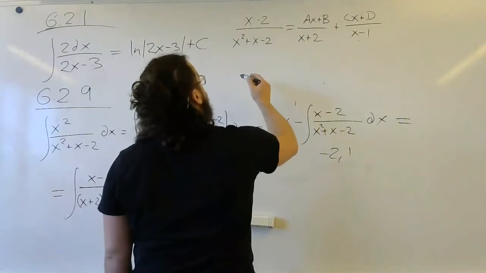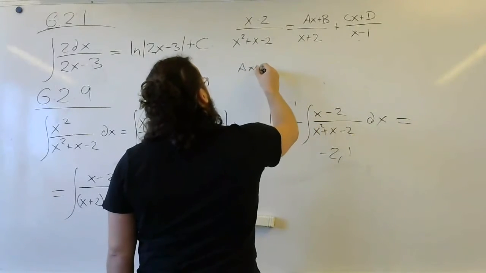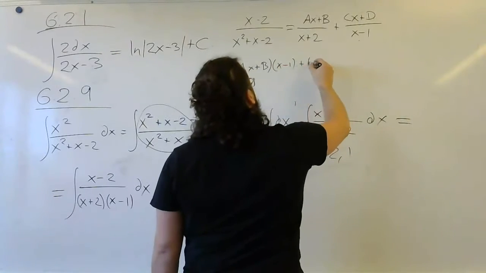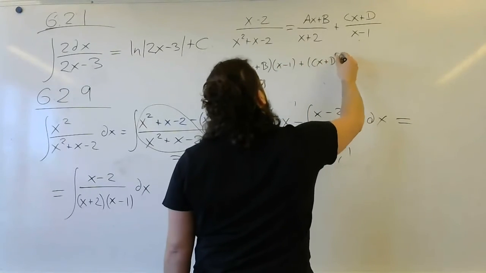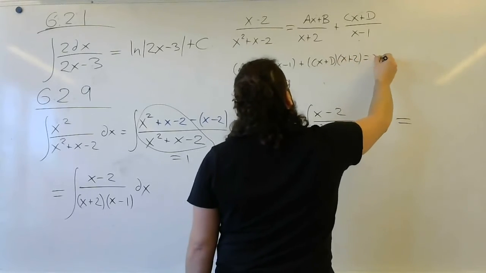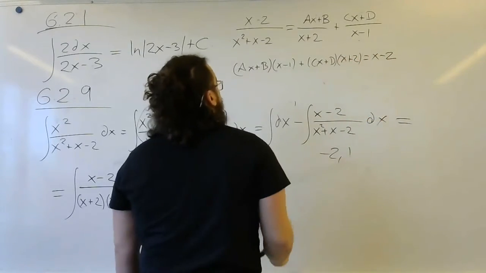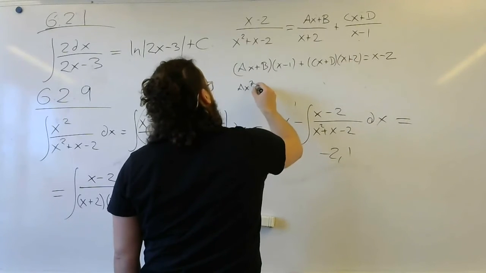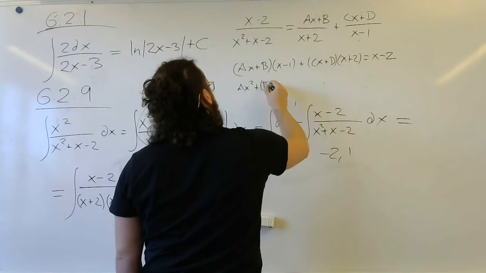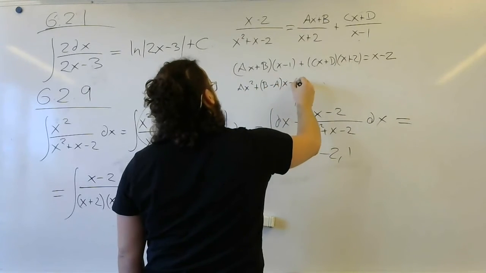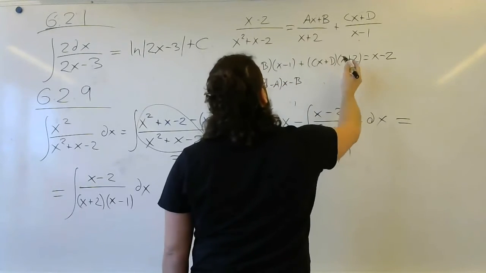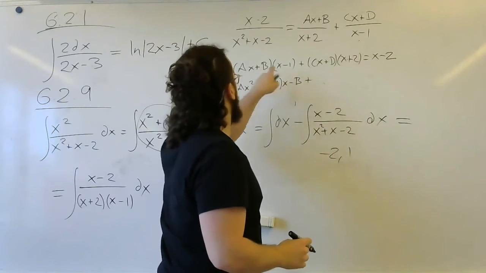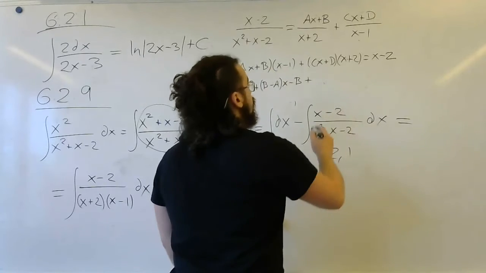And let's see what we have here. So x squared plus b minus x minus b plus, well, this is good.